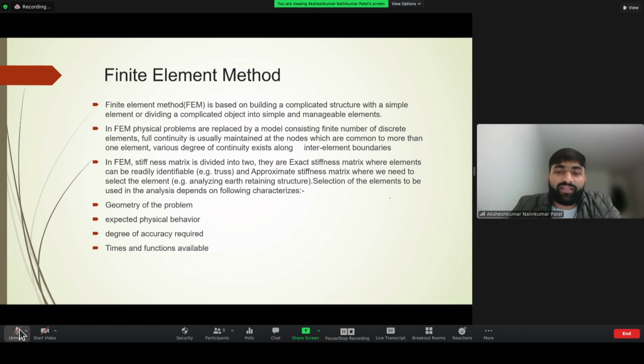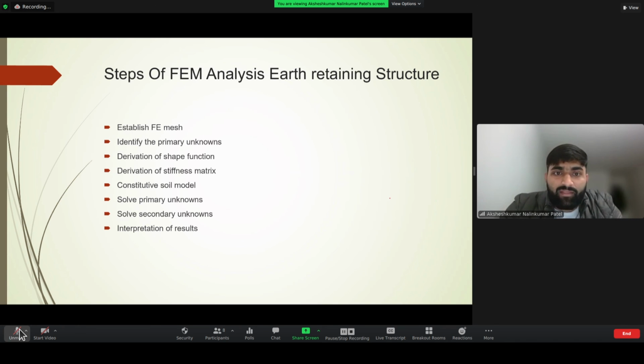Also important is the degree of accuracy. If we need more accurate results in some region, we divide the elements into a number of parts, which automatically leads to more accuracy, and the shape functions that are available. In that we mostly select our shape function.